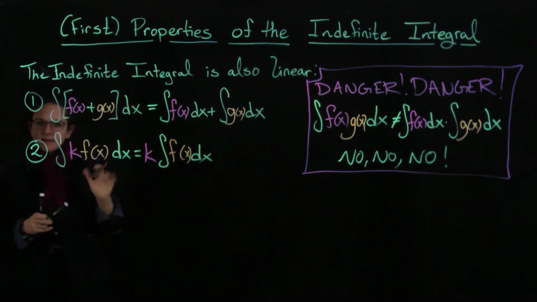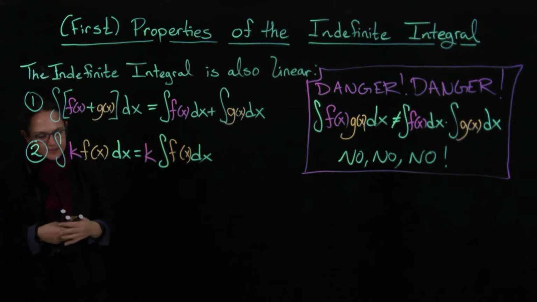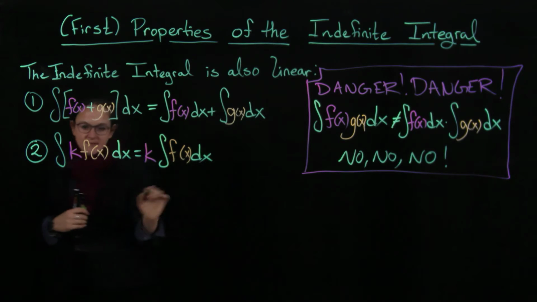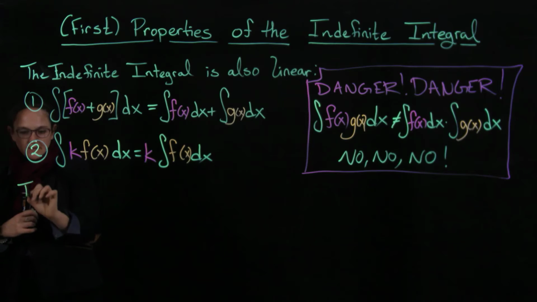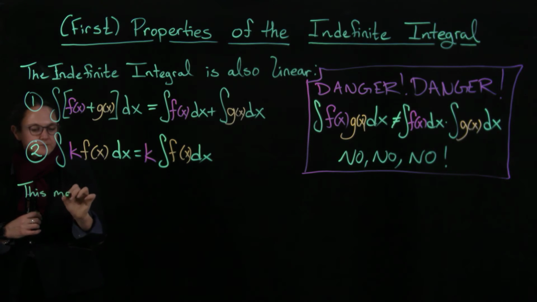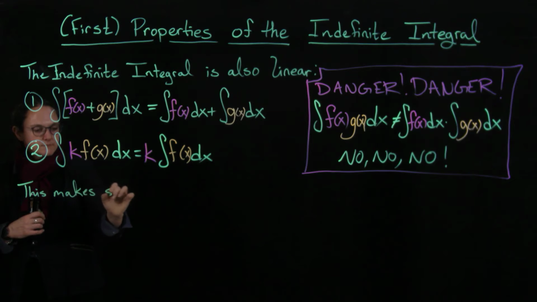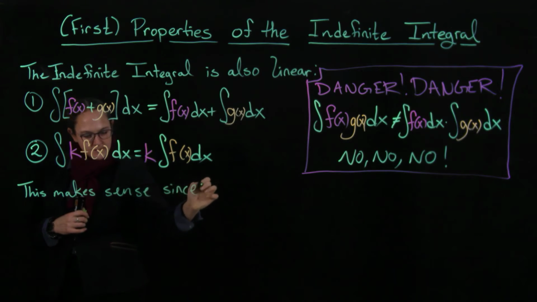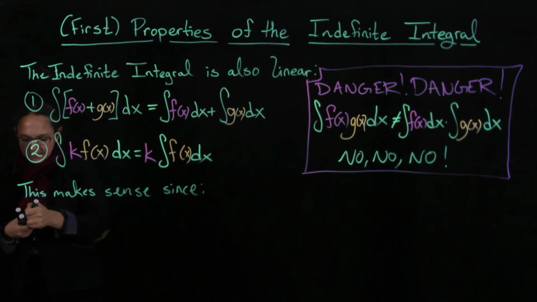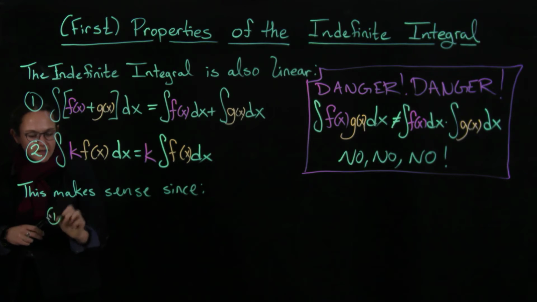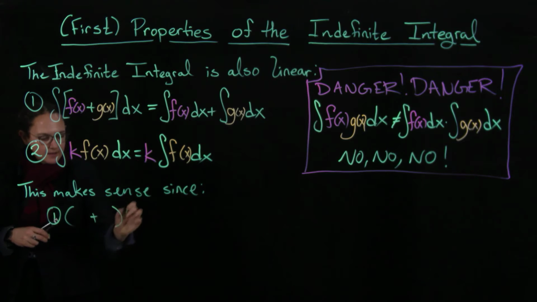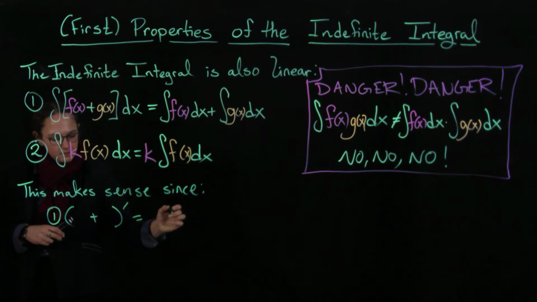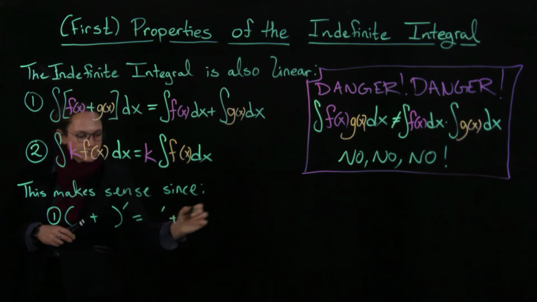As I noted before, this makes sense because these work for derivatives and antiderivatives. If I was taking derivatives, it would be okay to do the derivatives one at a time.